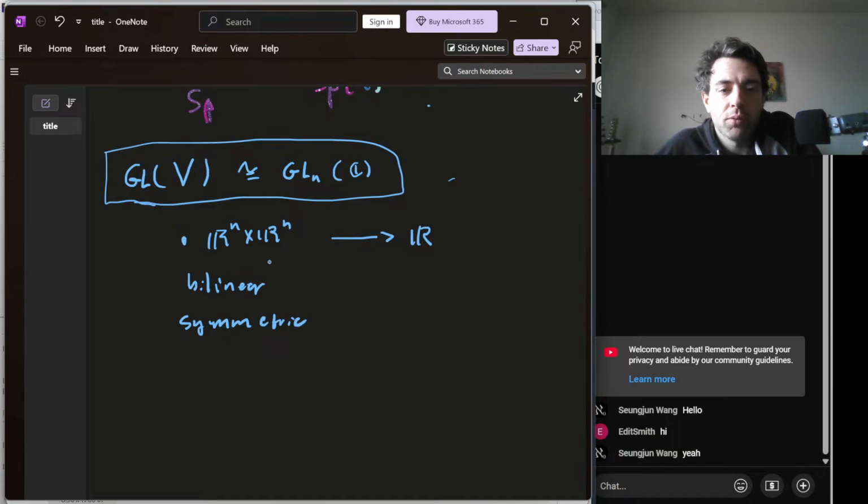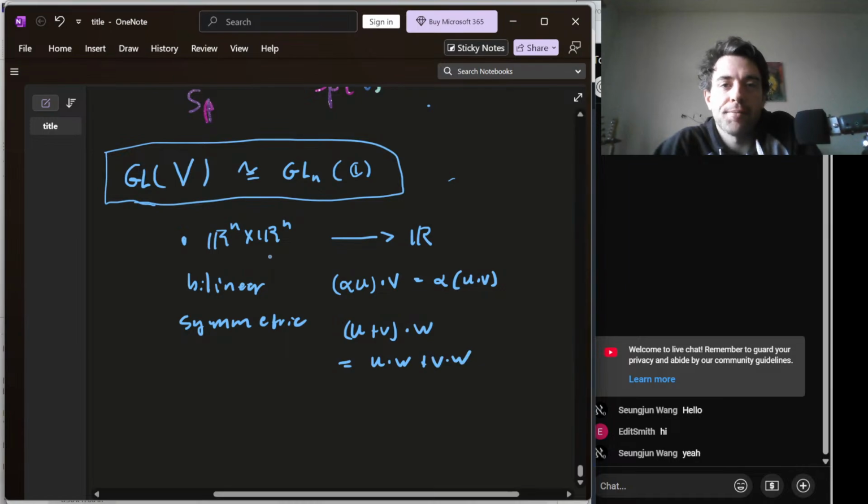So what does that mean? I mean, bilinear, that's like (alpha u) dot v is equal to alpha (u dot v), for instance, or (u plus v) dot w is equal to u dot w plus v dot w. So we have some sort of inner product.